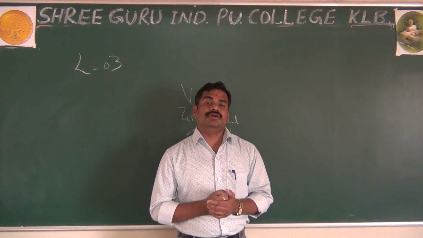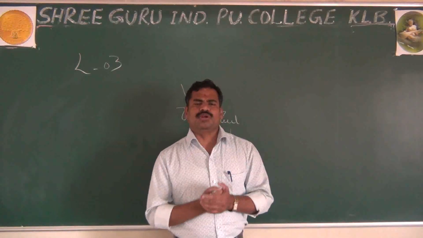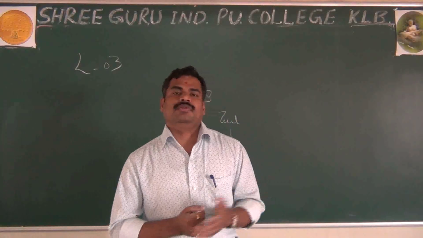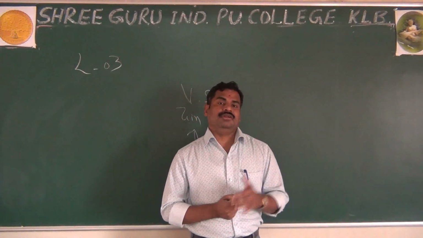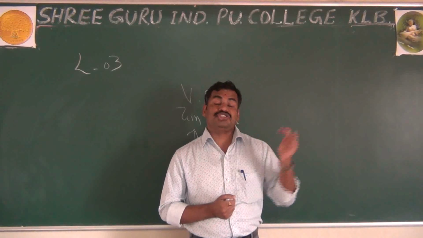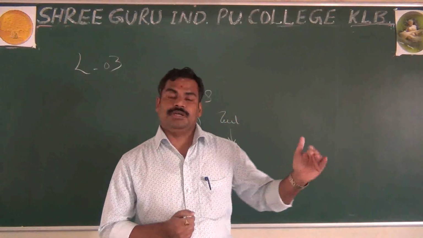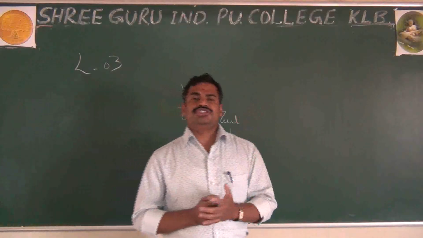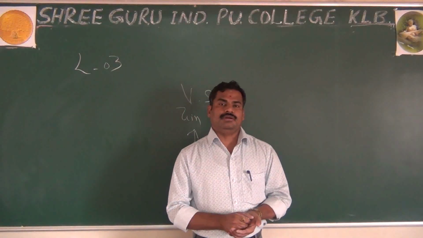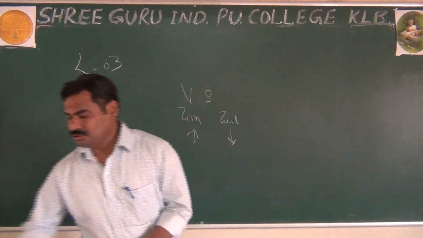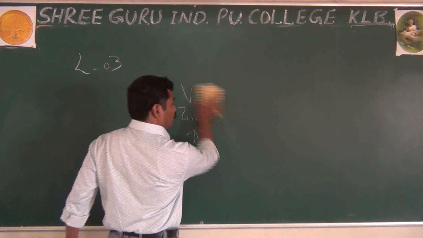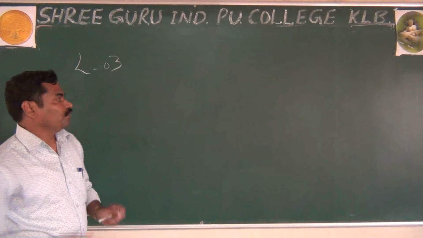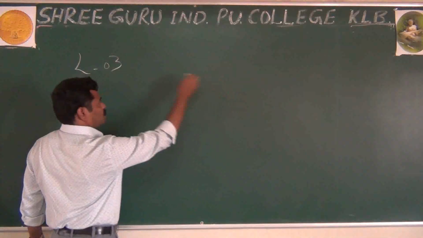I said it orally, now you go for the derivation, how you can mathematically prove that the voltage gain is very stable in negative feedback. That is the derivation, the expression for voltage gain.